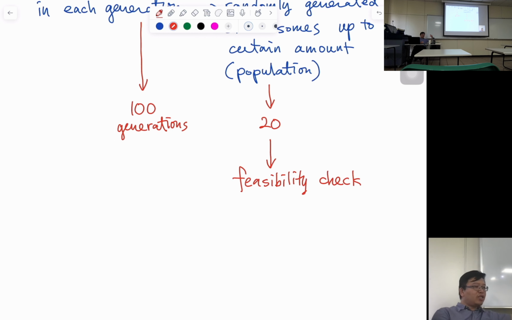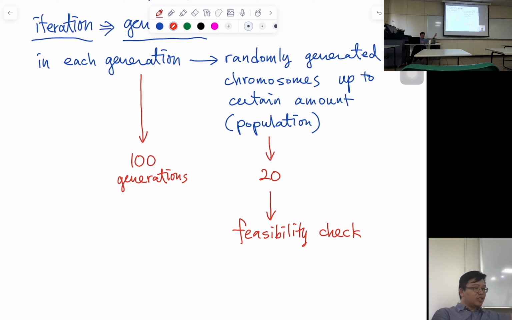So if you randomly generate some chromosomes in one generation, there must be some chromosomes that don't even satisfy your constraint. You need to decide, do you get rid of that one or not? In my case, I'm going to just delete the ones that are not feasible.